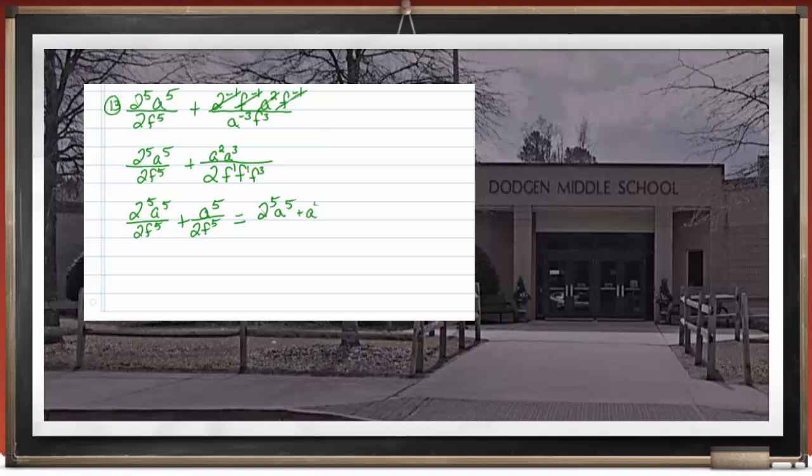So we can add this fraction together, and we end up with 2 to the 5th, a to the 5th, plus a to the 5th, over 2f to the 5th. And so we need to look at what we can clean up here.